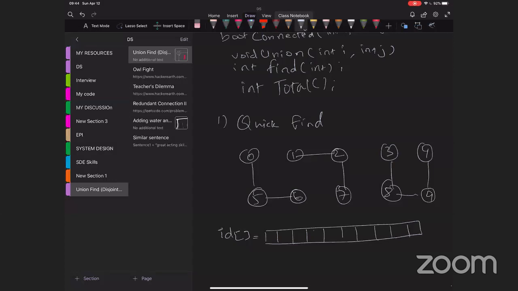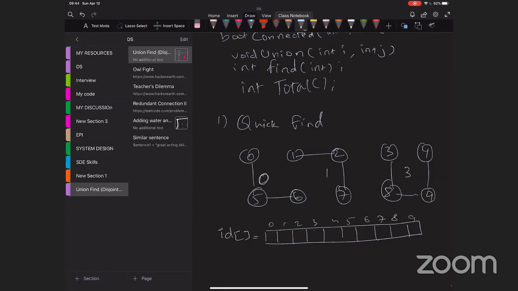Now we are going to give everyone a unique ID, so we have to decide which one gets what ID. Let's say this one gets 0, this one gets 1, this one gets 3. It can be anything, but we have to make sure that all connected IDs are the same.